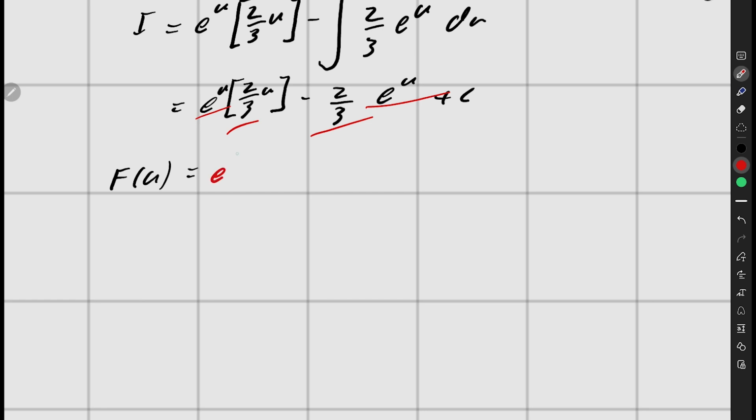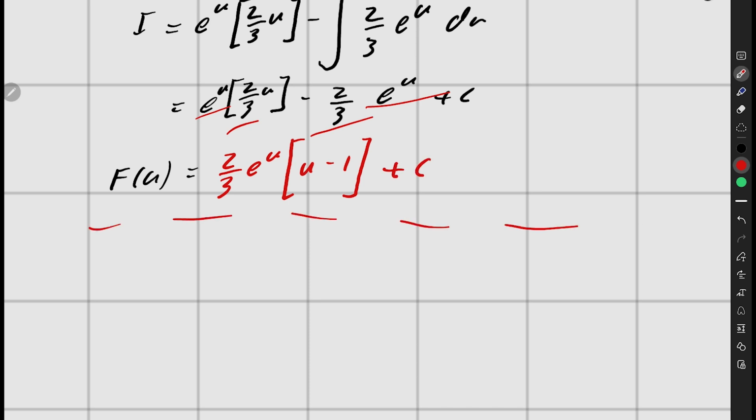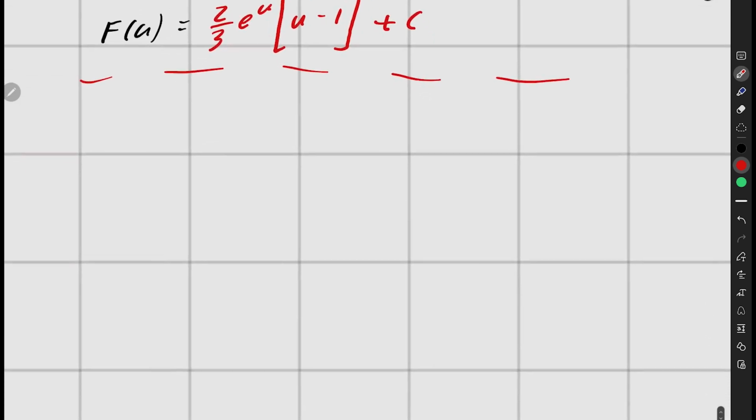So that's going to be 2 divided by 3 e to the u multiplied by (u minus 1) plus c. So that's our integral. All we've done is factor out some of the things so we could simplify this down. This should be the most simple form.